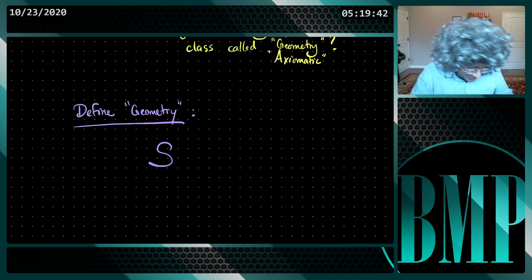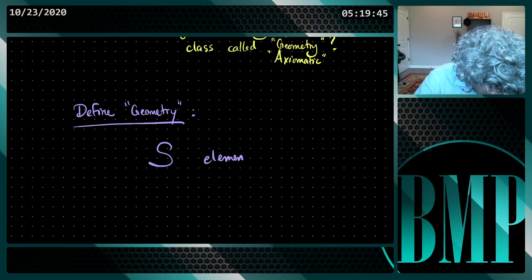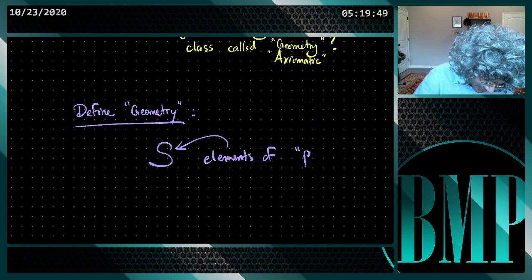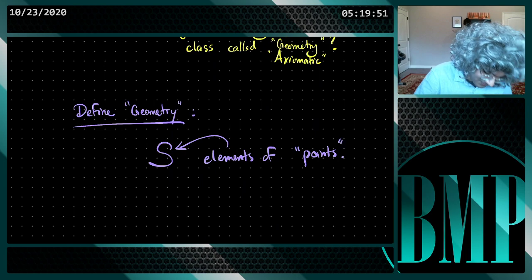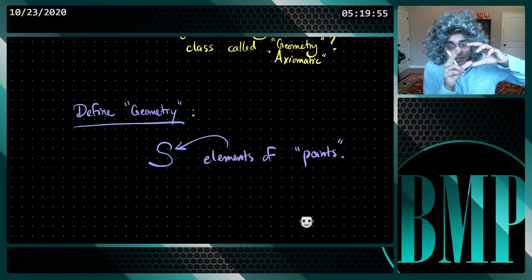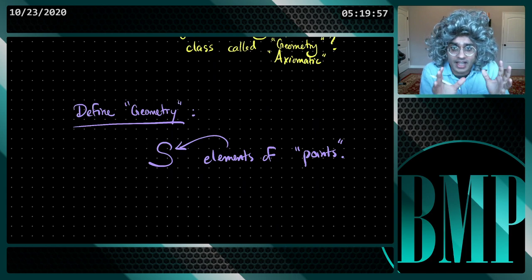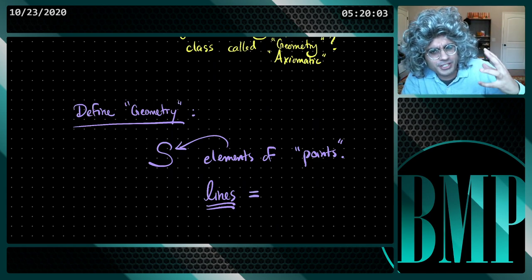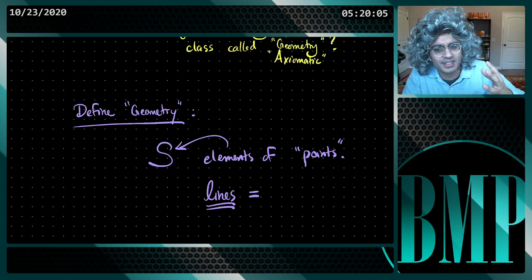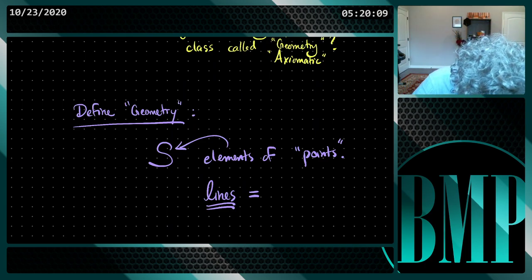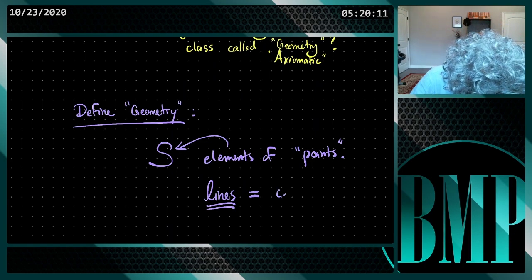The elements are called points. And then what you do, Sloth, is you define the notion of a line. At first you have total freedom to declare what lines are. Lines are just certain subsets.